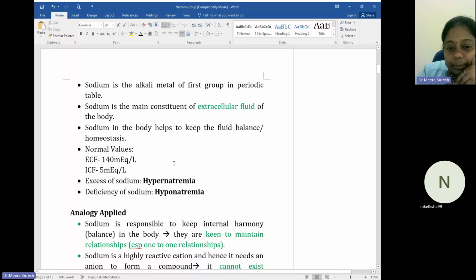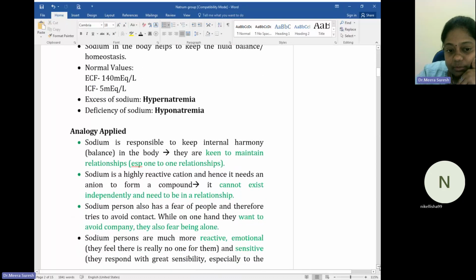And it helps to keep the fluid balance, or the homeostasis, within the body. Excess of sodium we call hypernatremia, and deficiency is hyponatremia. And both produce their own characteristic symptoms physiologically.